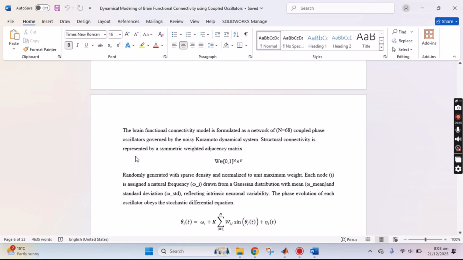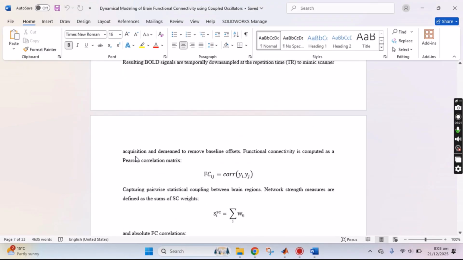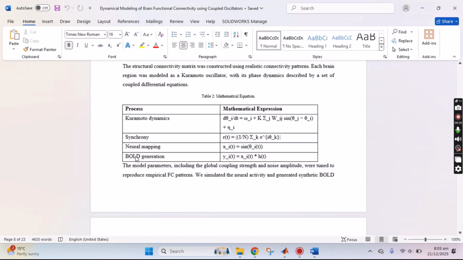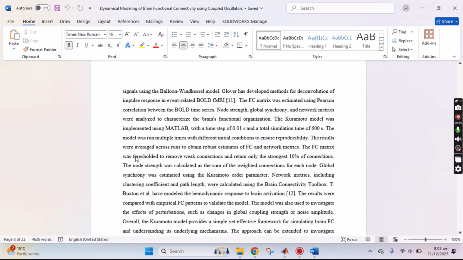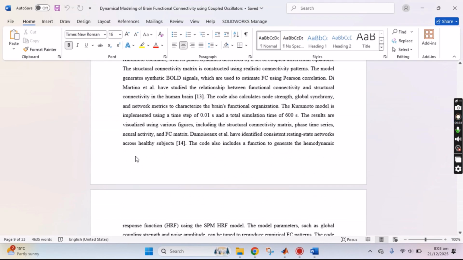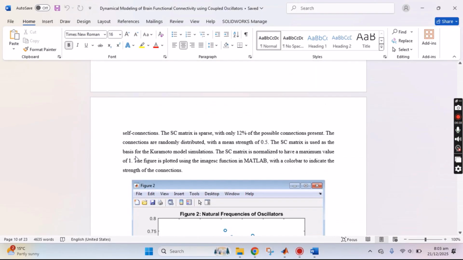Here is a mathematical model which is used in the brain network. These are the brain network model and methodology, with the mathematical expressions defined. The design of MATLAB simulations with its analysis, and structural connectivity as well.